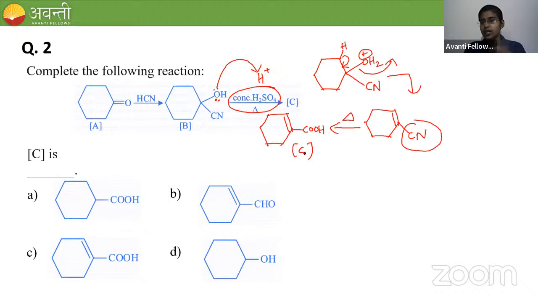The alcohol part is taking the H plus from the acid, and the water is removed and elimination occurs, and we are getting a double bond there. And on hydrolysis, this cyanide group is getting converted to carboxylic acid. So basically this is the answer. It is given in option C. So option C is the correct answer for this question.